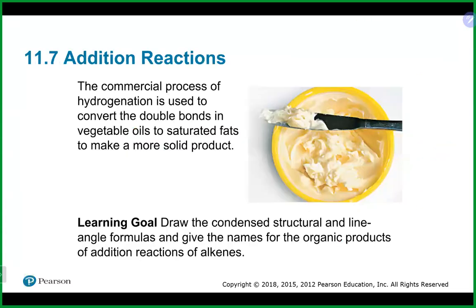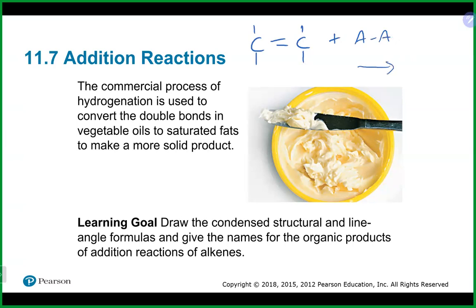When they do go through reactions, they pretty much do what's referred to as an addition reaction. So when we looked at alkanes, they did a substitution reaction, which means one guy comes in, one guy goes out. In an addition reaction, pretty much everybody just comes in. So, for example, we have a double bond, and we're going to add something to it.